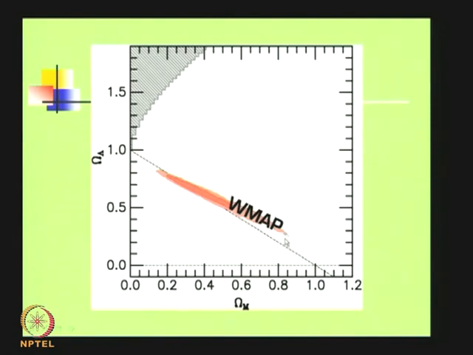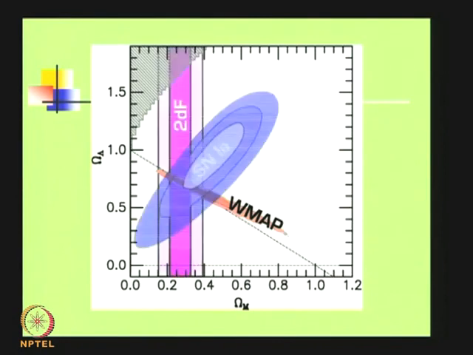So WMAP indicates that the universe is very close to being spatially flat. This is the curve corresponding to a spatially flat universe, essentially. That is the allowed parameter space from WMAP observations of the cosmic microwave background anisotropies. If you put all of them together, you are led to the conclusion that the parameters for our universe lie somewhere in the overlap of all of these three, right.